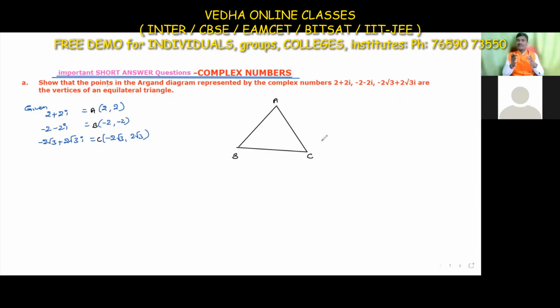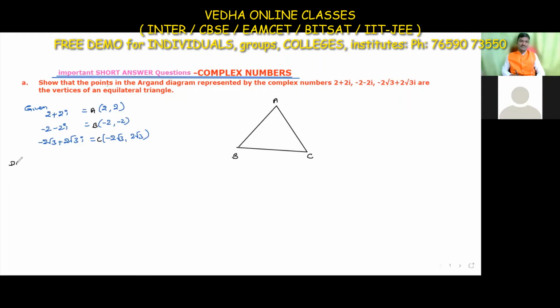If the distances from A to B, B to C, and C to A are equal, then it is an equilateral triangle. For this we use the distance formula.